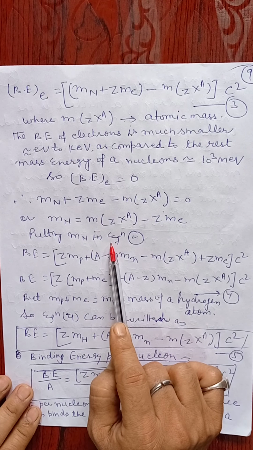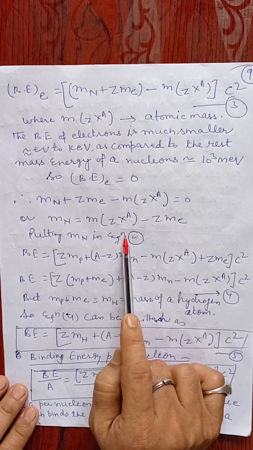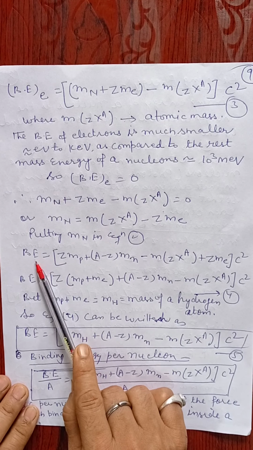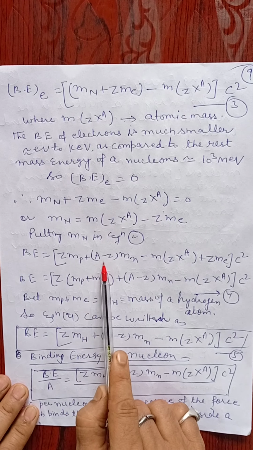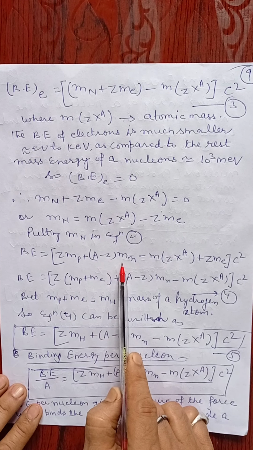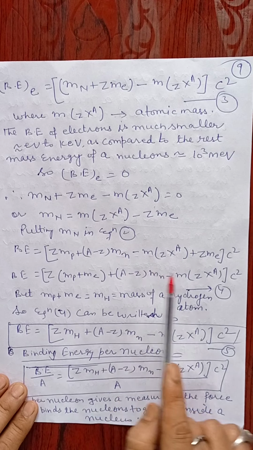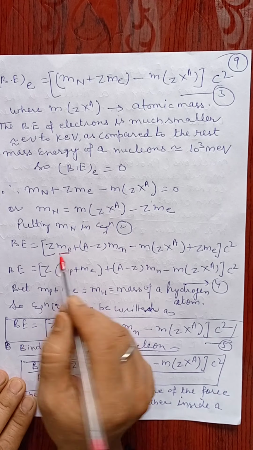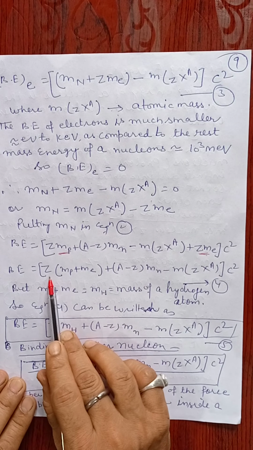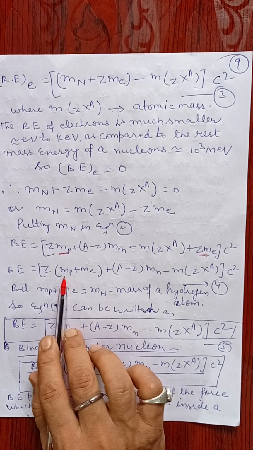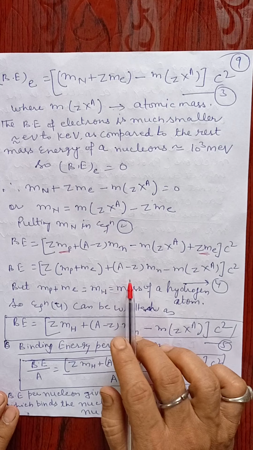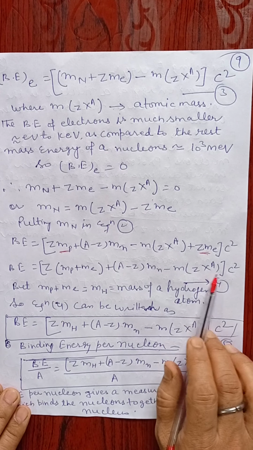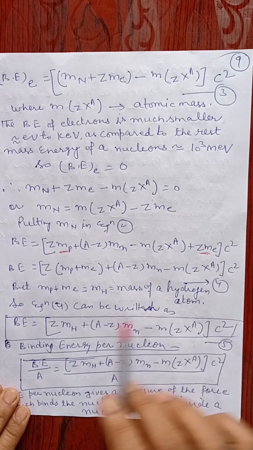This value can be put in equation 2 as derived earlier. After putting it, we get binding energy equal to [Z Mp plus (A minus Z) Mn minus M(ZXA) plus Z Me] c squared. Here Z can be taken common, giving Z (Mp plus Me) in one bracket, plus (A minus Z) Mn minus M(ZXA), the atomic mass, multiplied by c squared.